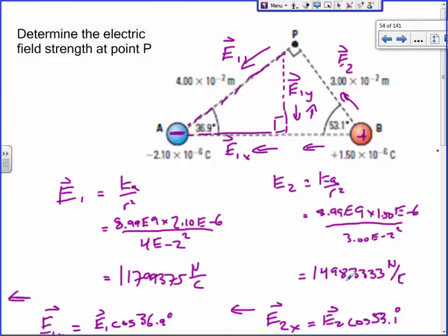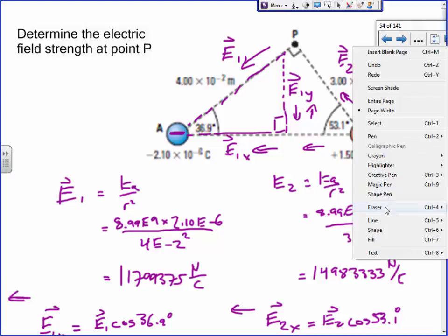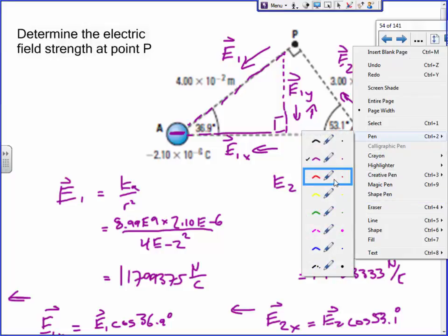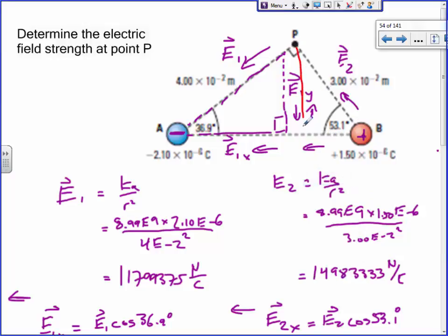Cool. Okay. Next step is I needed to break them up into x and y components. So I drew one triangle in here in purple, and I didn't actually draw one for the other, but let me draw it in here. Maybe I'll draw it in red. Then I'm also going to want one like this as well.